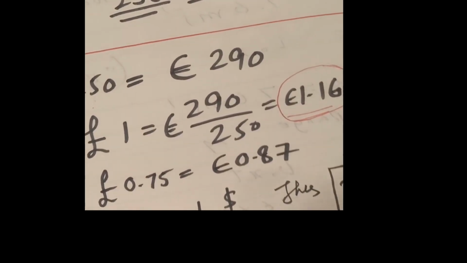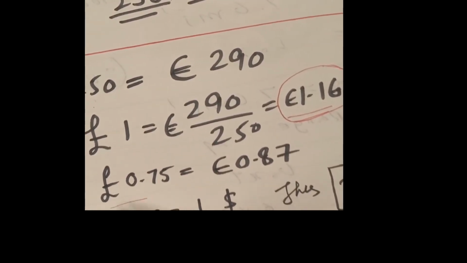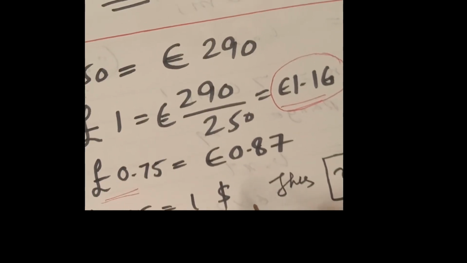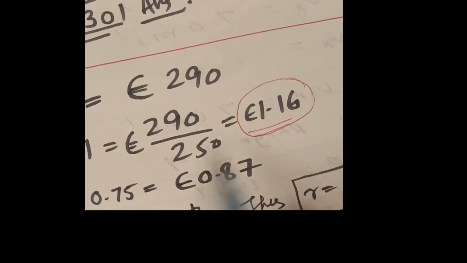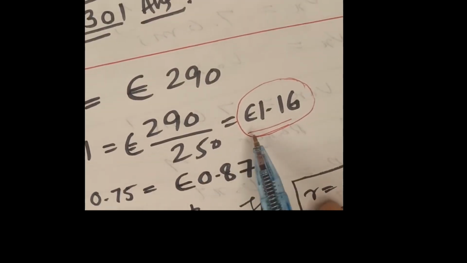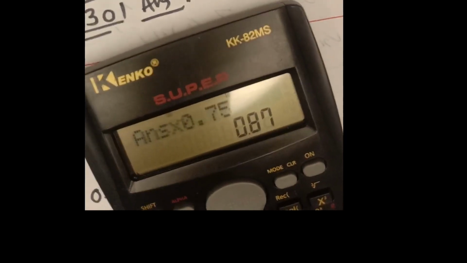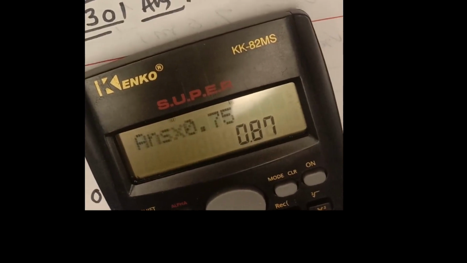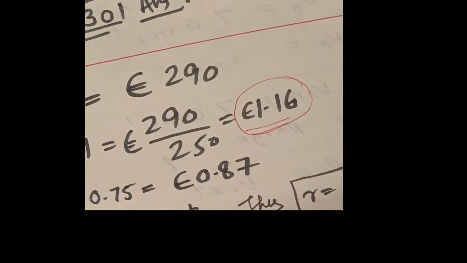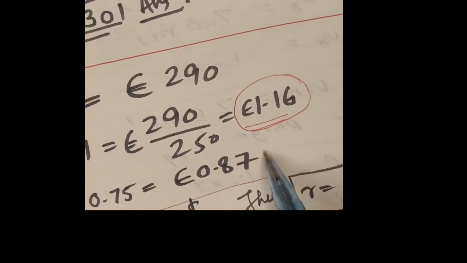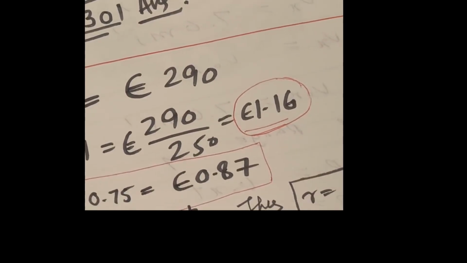Now we have to find the 0.75 pound. So 0.75 pound will be equal to what? 1 pound is given. If you have to have 0.75, you multiply it. So 1.16 multiplied by 0.75 comes out to be 0.87. So it means 0.75 pounds is equal to 0.87 euros.